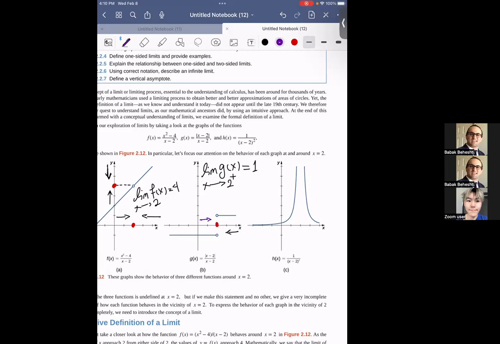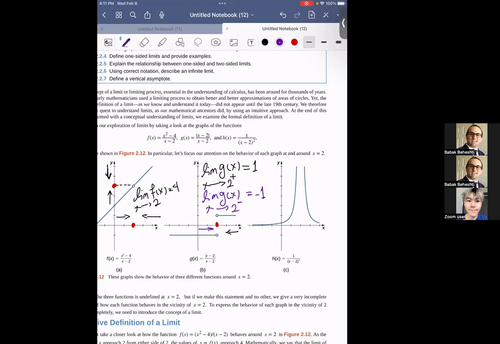While when x goes to 2 from the left-hand side, the limit of g of x as x goes to 2 from the left, we use the symbol 2 minus. So 2 minus means less than 2, and the limit is equal to -1.